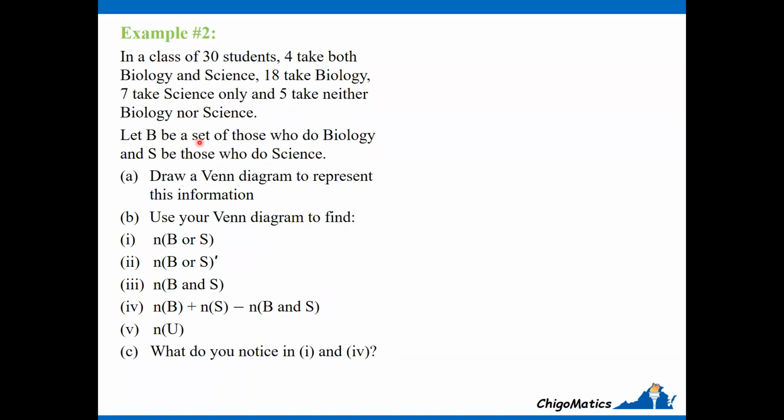Let B be the set of those who do biology and S be those who do science. Draw a Venn diagram to represent this information. Then use that same Venn diagram to answer Roman figure 1 up to 5.